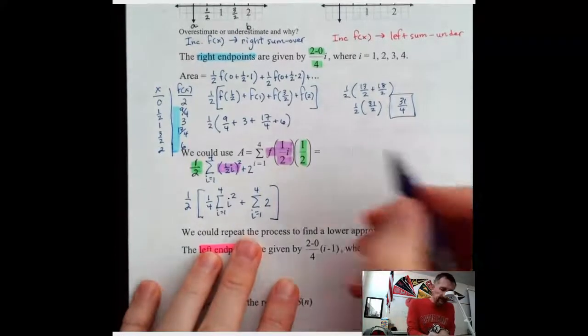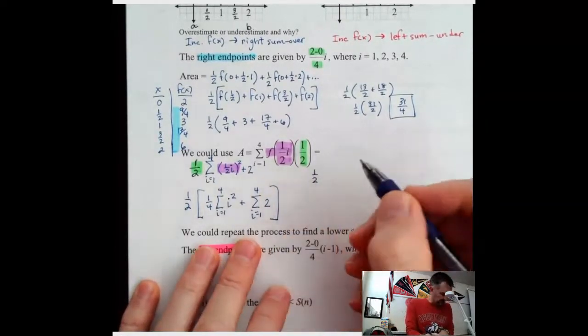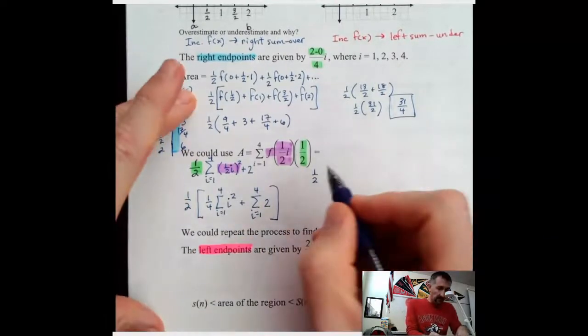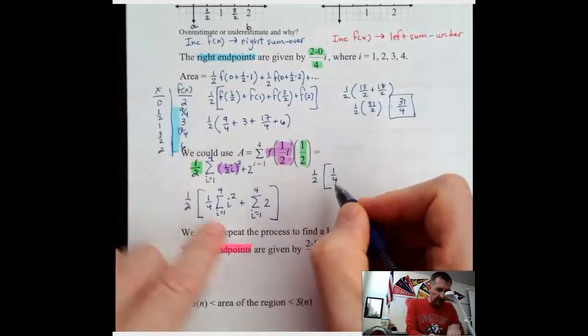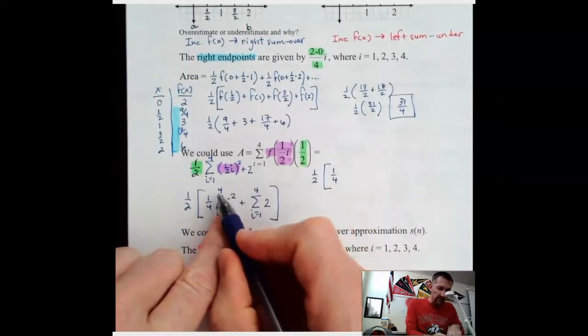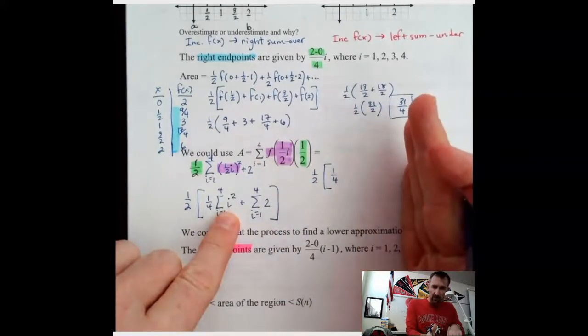So, if we break that stuff down, we got 1/4 here. Now we're using the formula for i squared where n is 4. So remember, i squared is the middle formula.